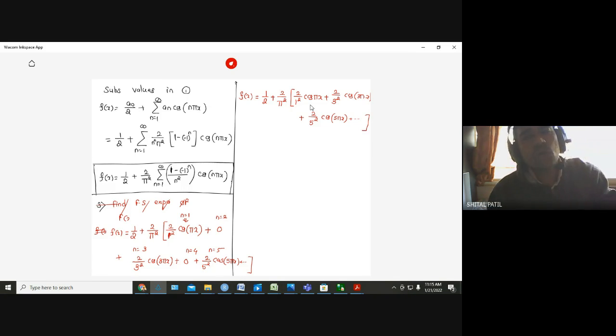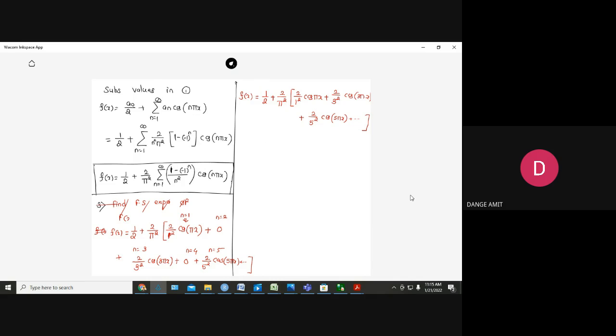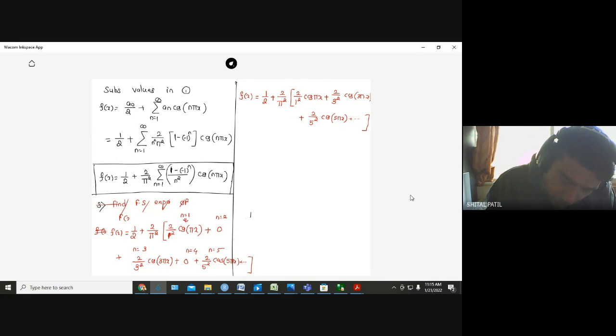Now tell me, what should be the value of x so that we get this series, 1 upon 1 square plus 1 upon 3 square plus 1 upon 5 square? Understand my question. Somehow we should be able to find this series.